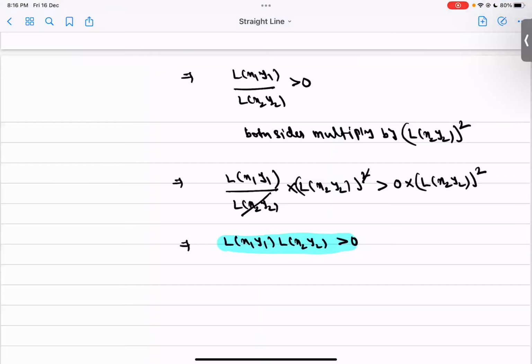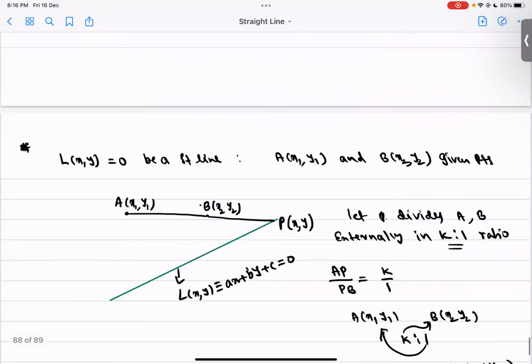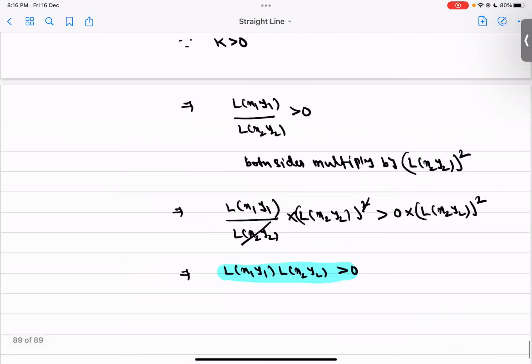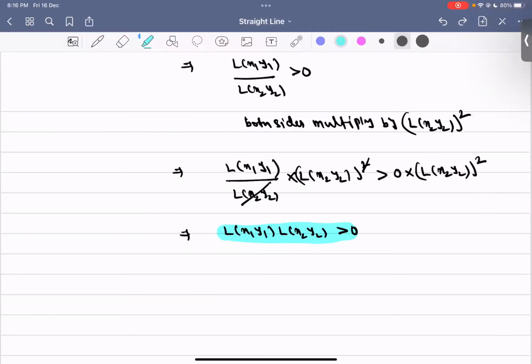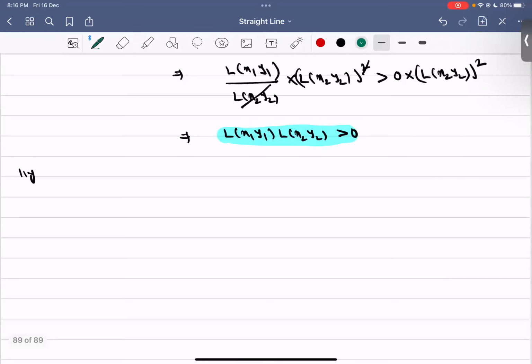Yes, sir. Right. Similarly, if the 2 points lie on opposite sides, then internal division formula. So similarly, we'll write that one also. Suppose the scenario is this one. Suppose this is the line.